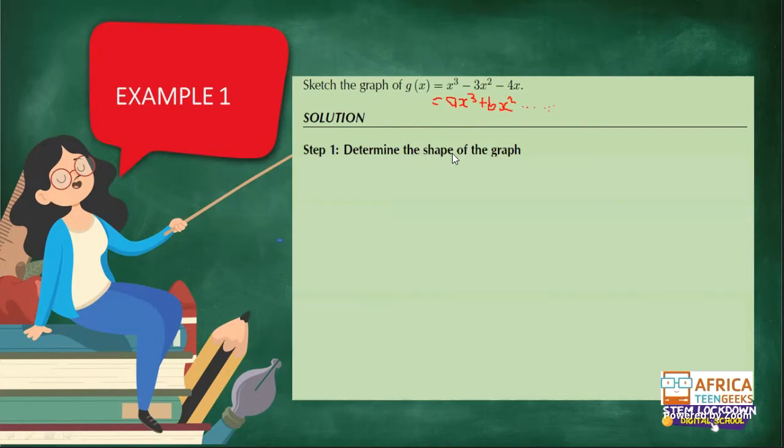To determine the shape, you need what? You need the value of a. Remember, you need to check if your value of a is greater or less than 0.